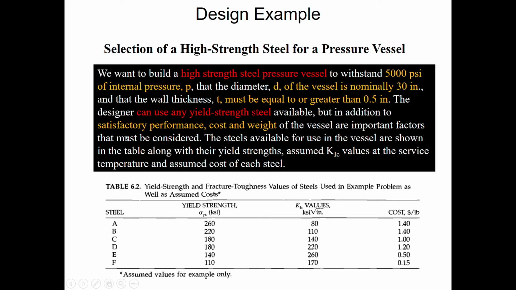So this is under satisfactory performance, and then you also need to consider the cost of manufacturing. For example, the cost of the material and the weight of the vessel are important factors that must be considered.